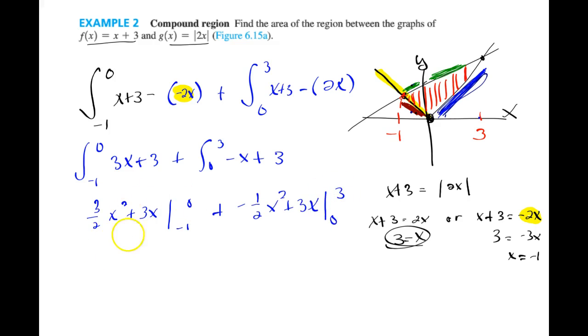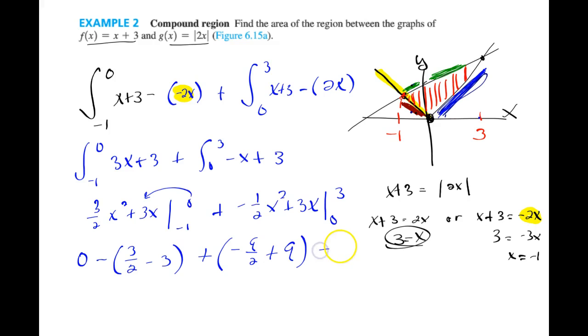F of, if I throw in a 0, I'll get 0. This is going to be 3 halves minus 3. And this is negative 9 halves plus 9. And then minus the 0.